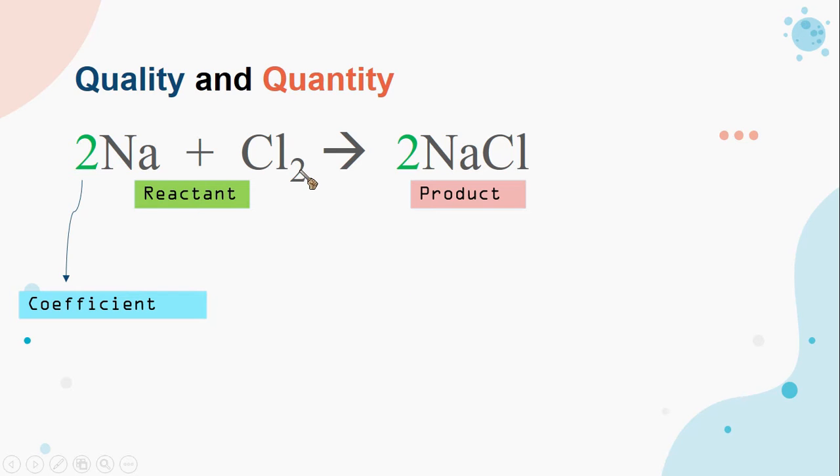That one is called a subscript. A coefficient is the number that we write in front of the formula. Okay. Is there any question until here? No. So we can proceed, yeah? Alright.